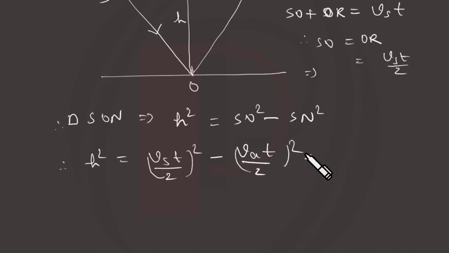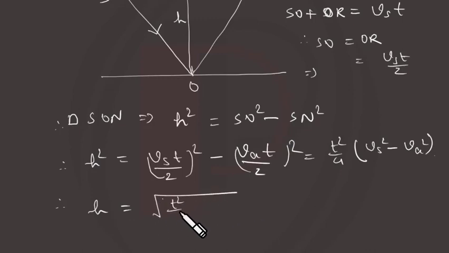If we take t square by 4 common, we are left with Vs square minus Va square, the velocity of the sound square minus the velocity of the aeroplane square. Therefore, the height of the aeroplane is the square root of t square by 4 into (Vs square minus Va square).